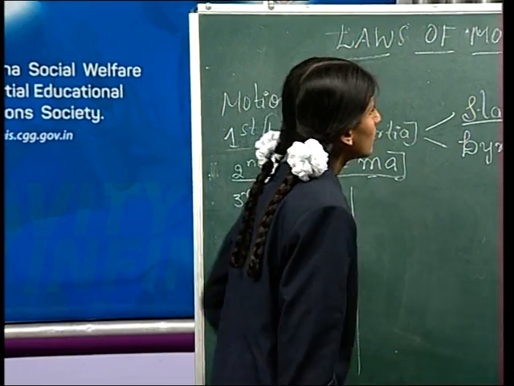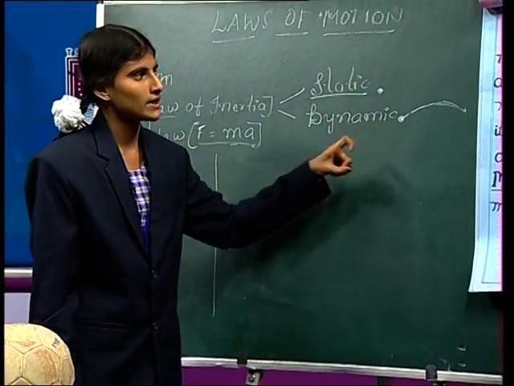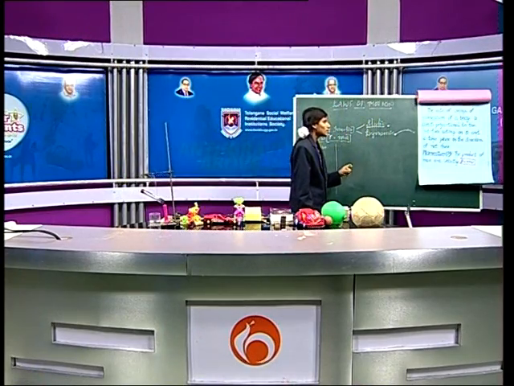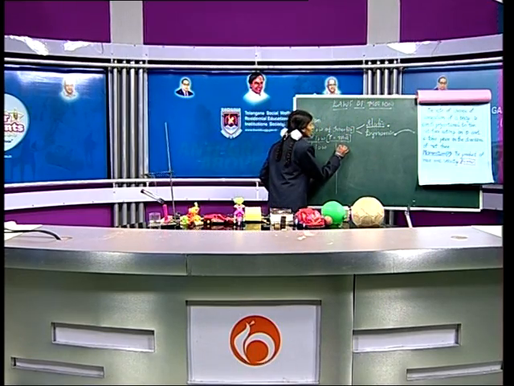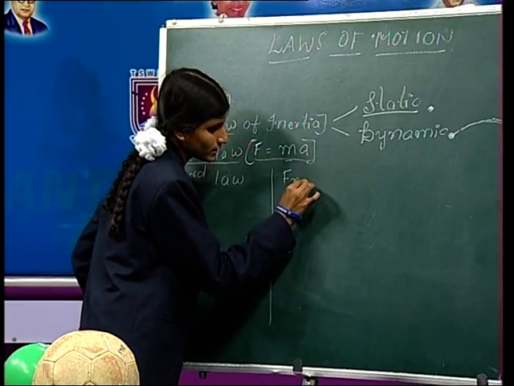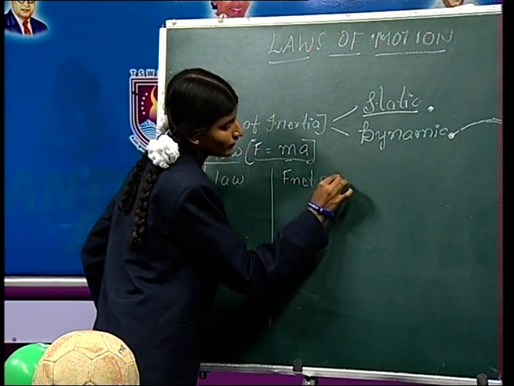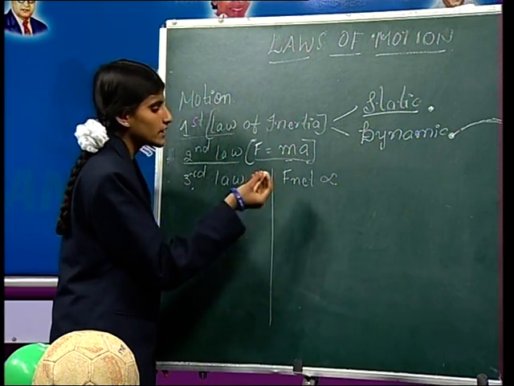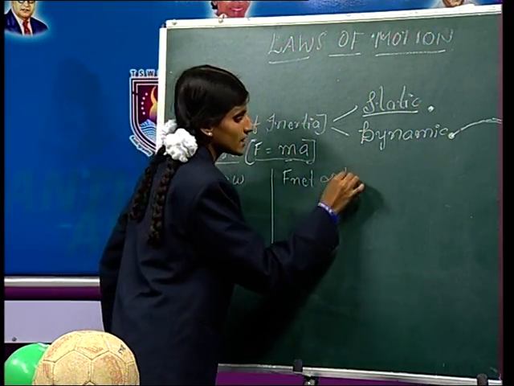First, what is the formula? The rate of change of momentum of a body is directly proportional to the net force. It means the net force, F net, is directly proportional to the change in momentum.